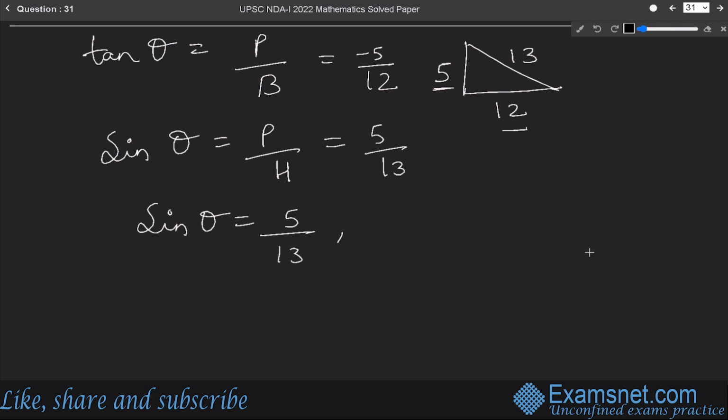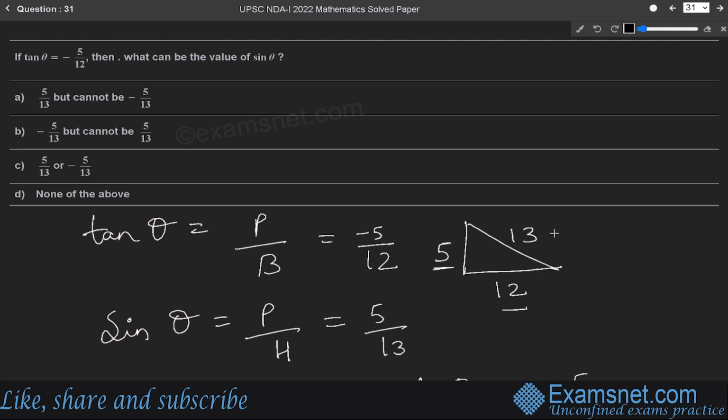And again, if θ is in the third quadrant, then sin θ will be negative, which is minus 5 by 13. So there are two possibilities of answers.